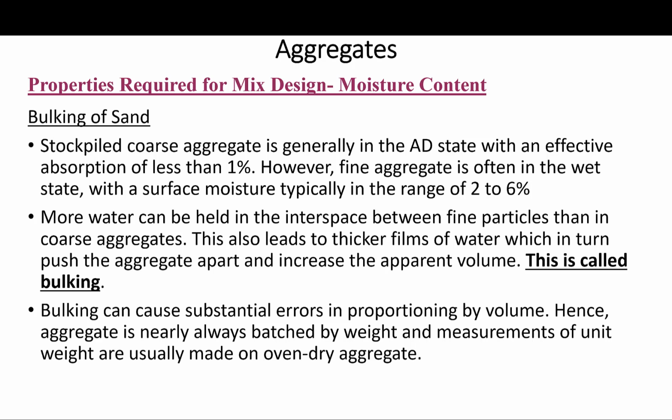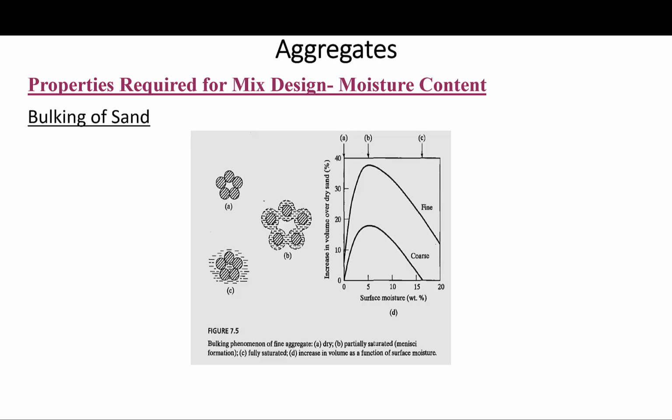So here is this concept of bulking. As you can see here, we have the three states. A is the dry, B partially saturated, where we have meniscus formation, and C fully saturated. The graph in figure D shows an increase in the volume as a function of surface moisture.